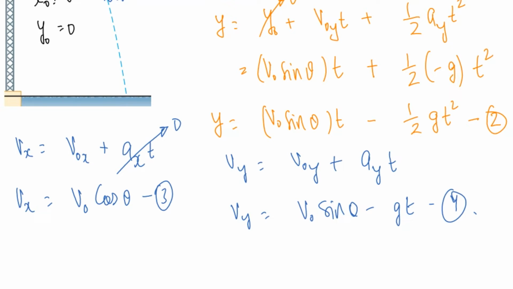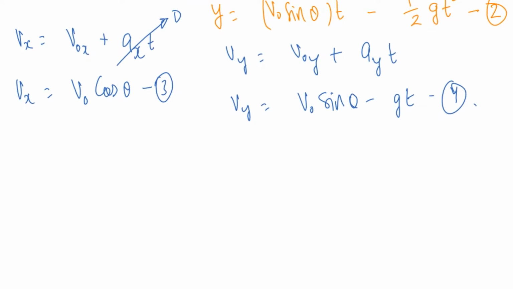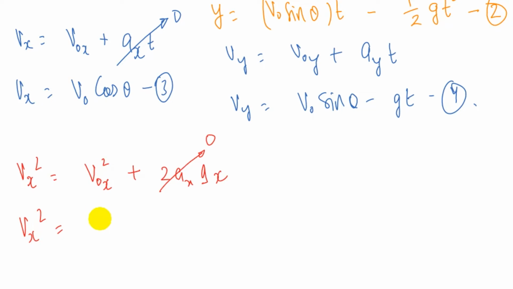Now we'll see velocity as a function of position in x and y direction. In the x direction we have vx squared is equal to v0x squared plus 2ax times delta x. There is no acceleration in x, so this is 0. So vx squared will be equal to v0x, we have v0 cosine theta and its whole square, so vx squared is equal to v0 squared cosine squared theta, right?